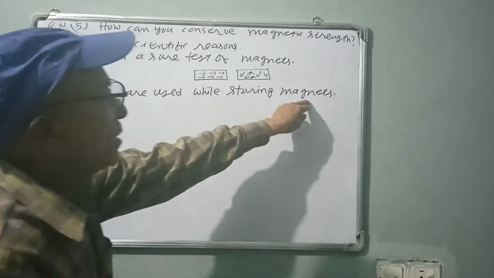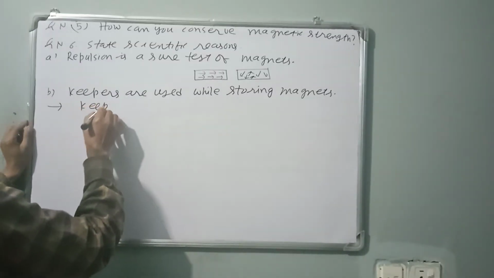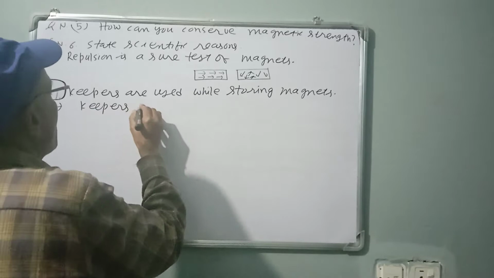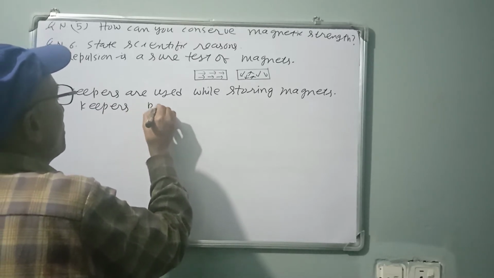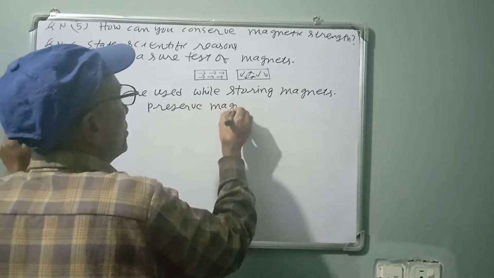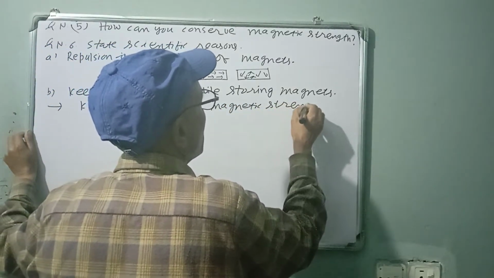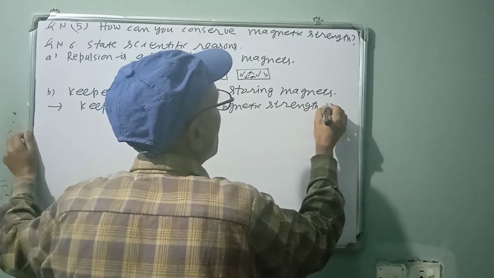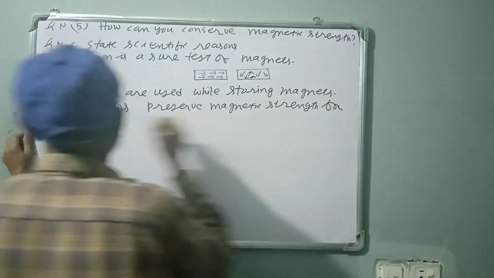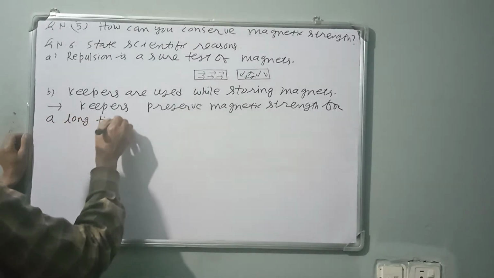And the magnetic force remains for a long time. Magnetic keepers preserve magnetic strength for a long time.